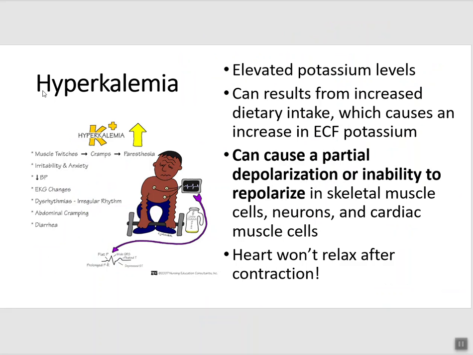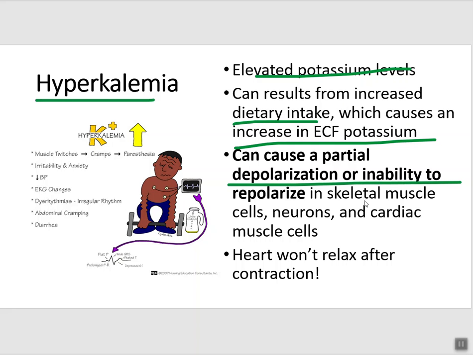Neither are the nerves. Hyperkalemia, elevated potassium, increased dietary, which is going to cause you to have more ECF, partial depolarization or inability to repolarize. We talked about that, raising the resting membrane potential closer to threshold, skeletal muscle cells, neurons, and cardiac.